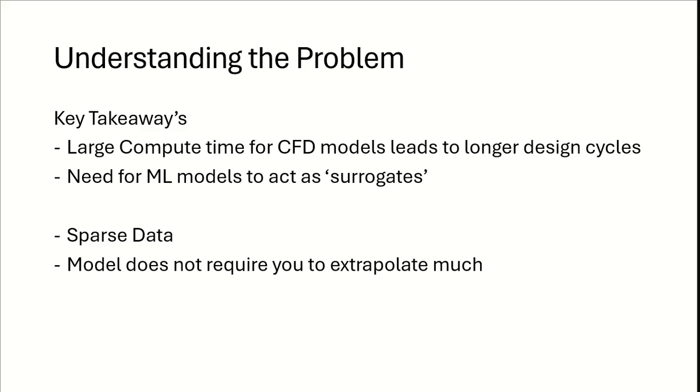We were asked to train a surrogate model, or machine learning model, to predict the 4 outputs, which were pressure drop, surface area, mass, and average velocity.